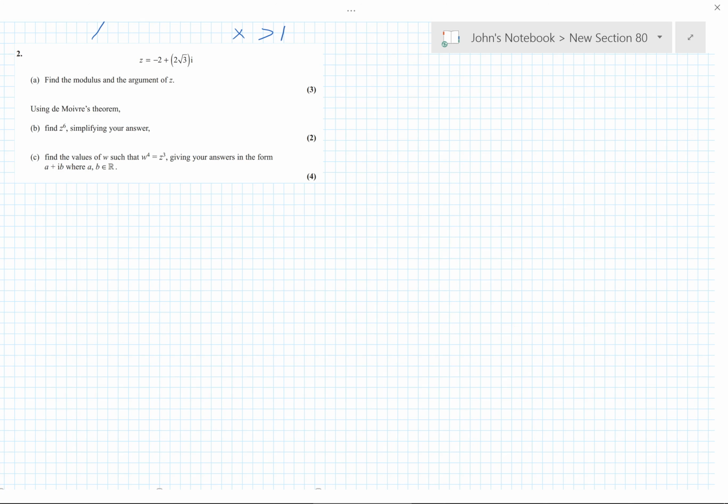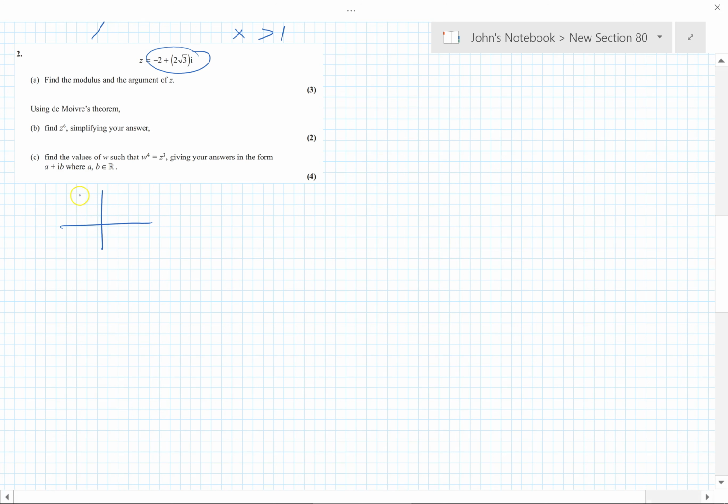Okay, so now on to question 2 of the FP2 paper, June 2015. Right, okay, so it says find the modulus and argument of this. I prefer to draw it in an Argand diagram just to make sure that we're okay here.